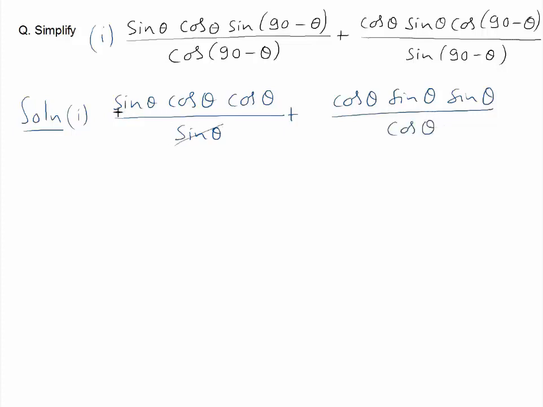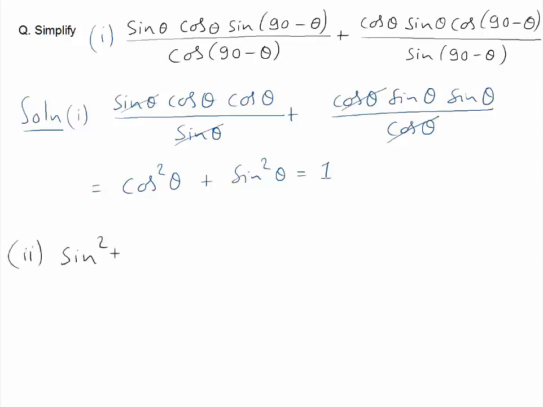So sine theta and sine theta will get cancelled. Similarly, cos theta and cos theta will get cancelled, and we will get cos theta into cos theta, which is cos square theta, plus sine square theta, which we know is 1. So this equals 1. Let's do another one.